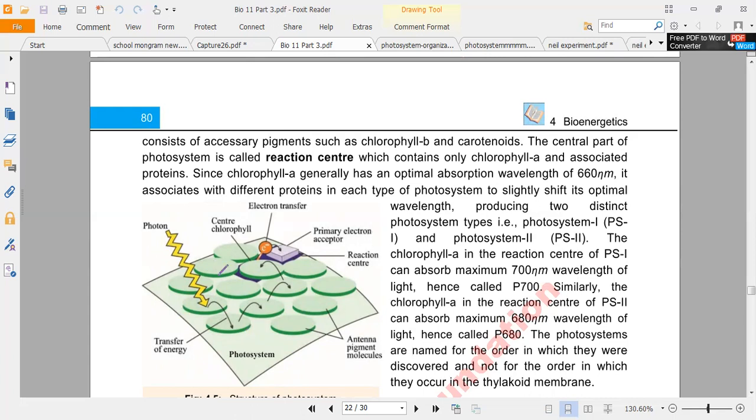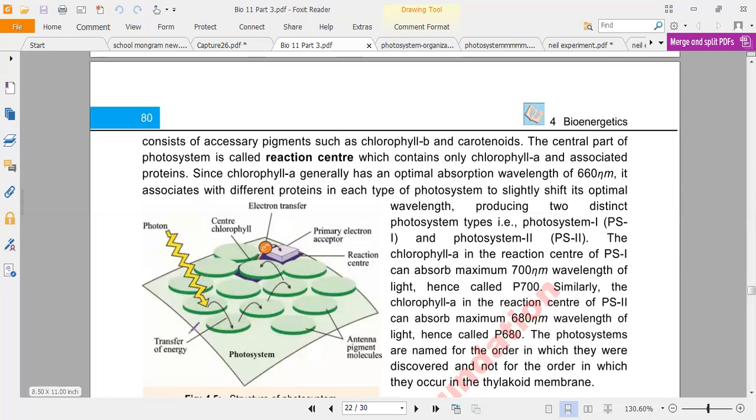So these pigments also absorb different wavelengths of light, and then in the center there is a reaction center. Reaction center means the place in which the main electron acceptors, as well as the central chlorophyll, are present.